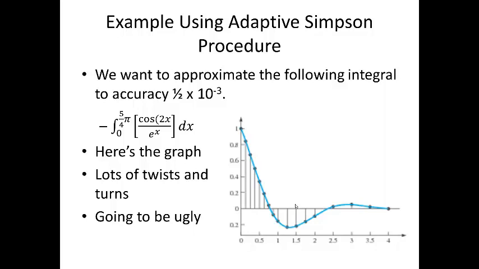You can see the graph in the lower right, and it has lots of twists and turns. This is going to be ugly, but the adaptive Simpson procedure is going to use a number of different panels for the different parts of the curve. As you can see in the figure, those are the different panels it will actually use. Let's look at the pseudocode that can handle this monstrosity.